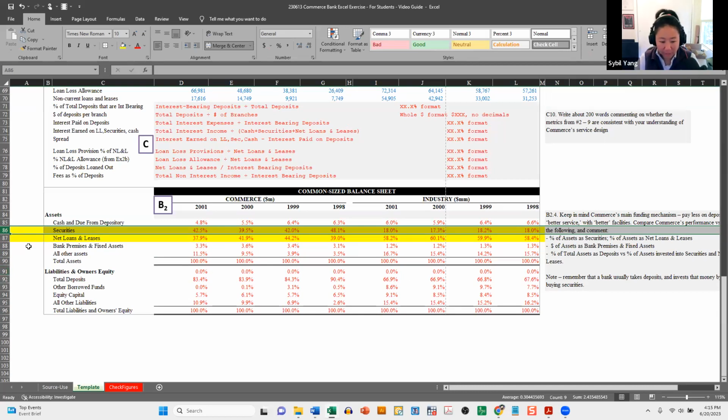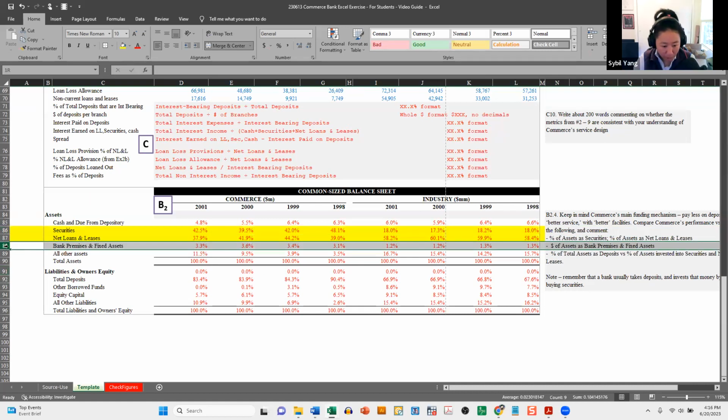Okay, so think of these two line items and then also think of the assets as bank premises and fixed assets. Think about this line. How much of their assets are tied up in the buildings and the fixed assets of their branches?